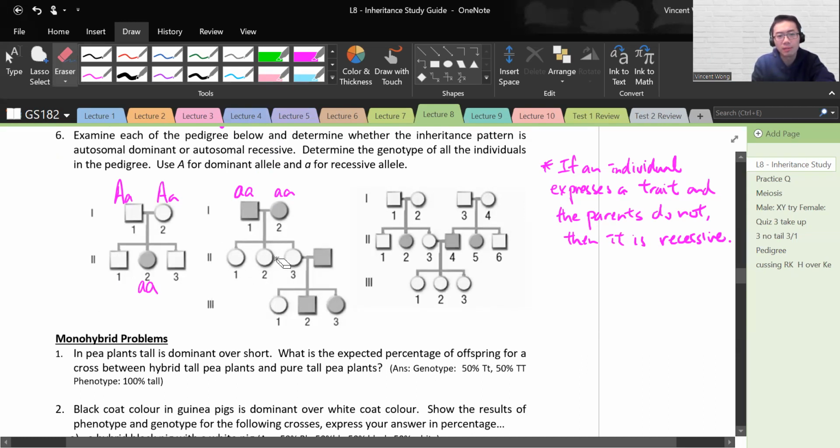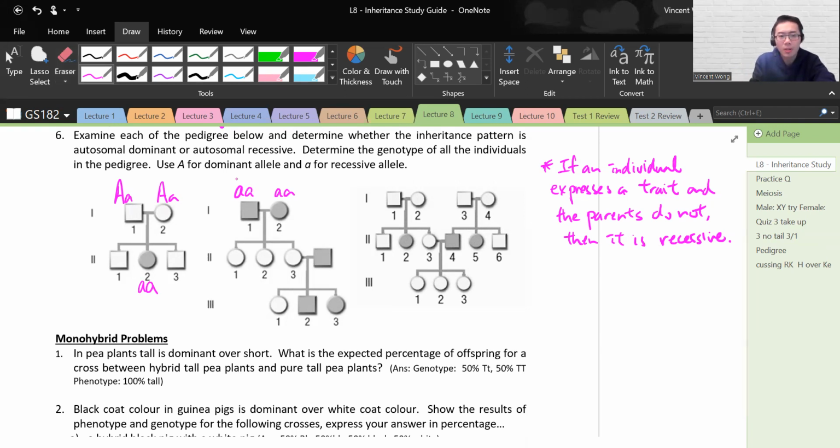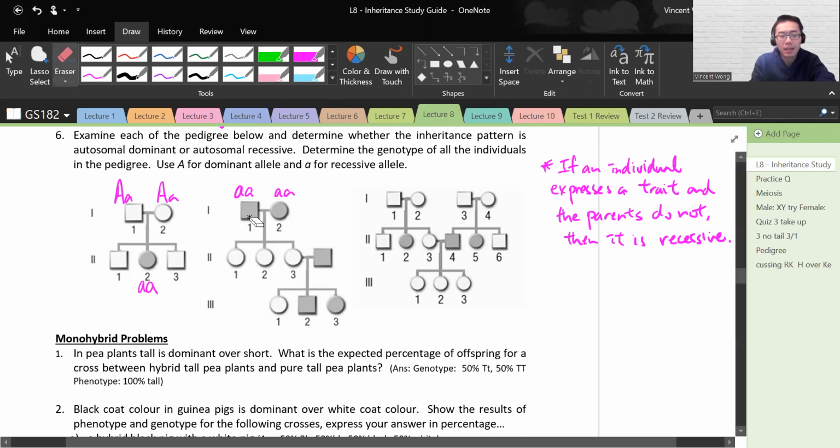But they don't, right? So this tells you it cannot be recessive. It's not possible. If it's recessive and both parents have it, then all the kids must have it. So that tells you this must be a dominant trait. And because the kids don't have it, the parents must be heterozygous. And these kids are going to be small a, small a, like that. So this is dominant. Right?